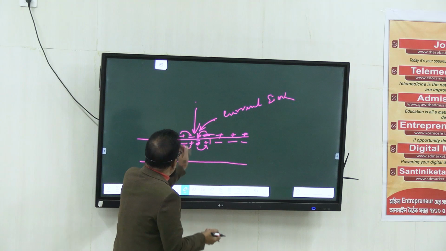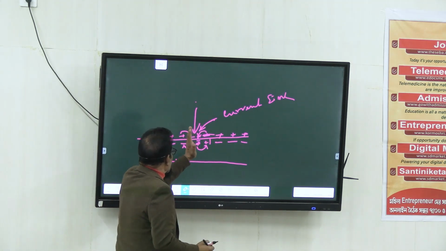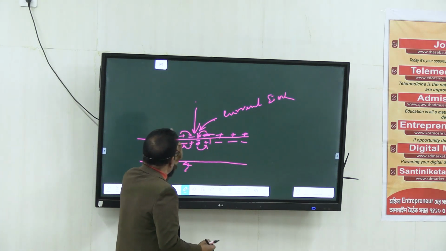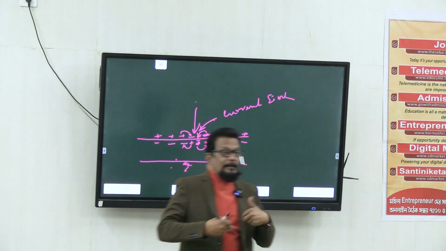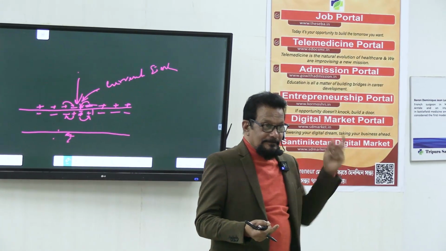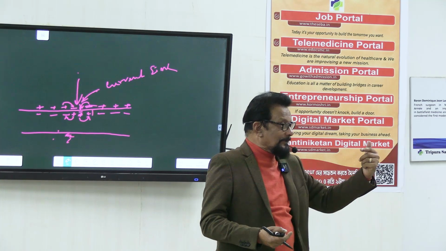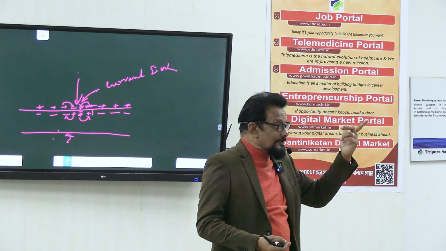Because of this current flow to the adjacent side, action potential is shifted from here to here. And this original area will be repolarized because of the pump. Sodium ions will be taken back by the pump. So this area will be in the resting state, repolarized.